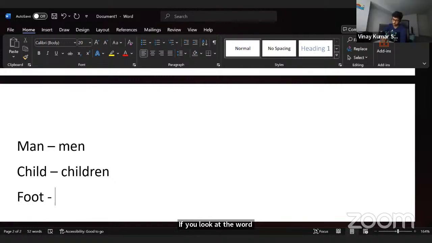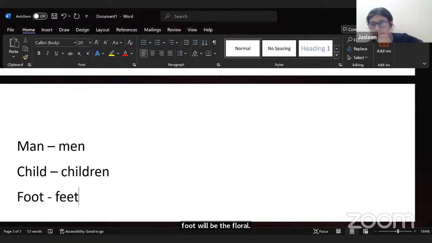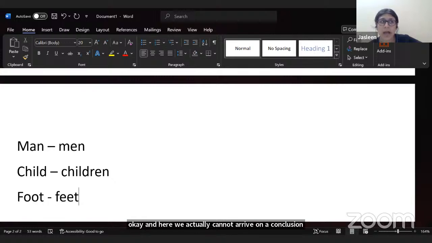Feet. Okay, so now in such cases, the singular and plural is different. And here we actually cannot arrive at a conclusion whether we have to add S, ES, IES, VES, whatever, because here the entire word changes when we are trying to make it from singular to plural.